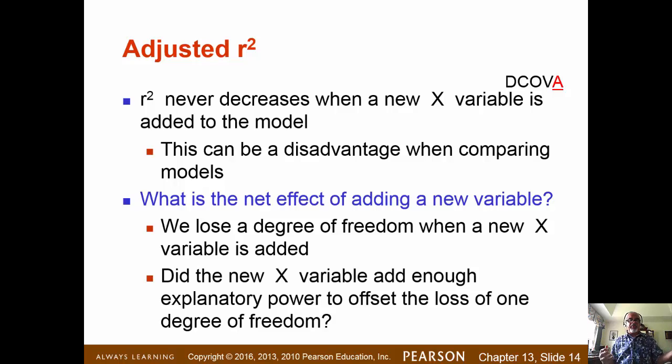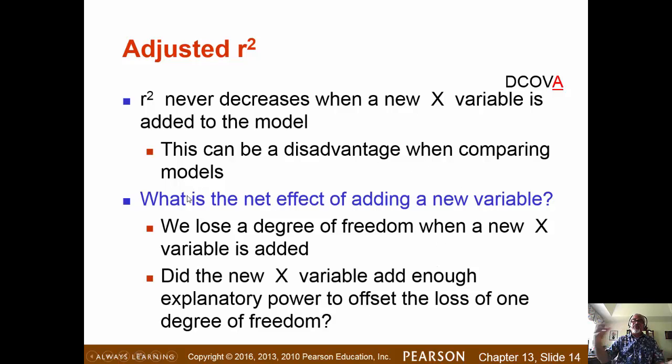If you add a 4th variable, the R squared will always go up, either significantly or by a small amount. So whether adding a variable is a good thing cannot be determined by simply looking at whether R squared has gone up, because it will always go up, whether or not the additional variable adds any value. This can be a disadvantage when comparing models.